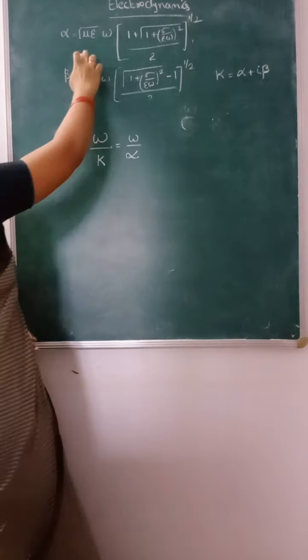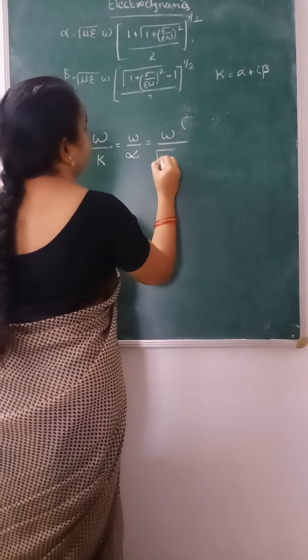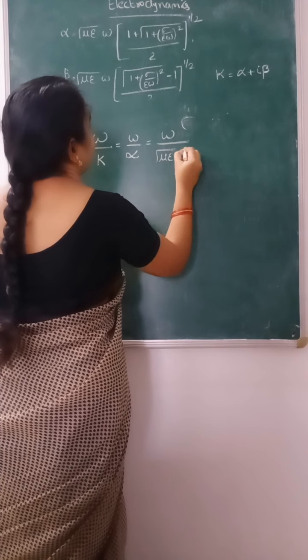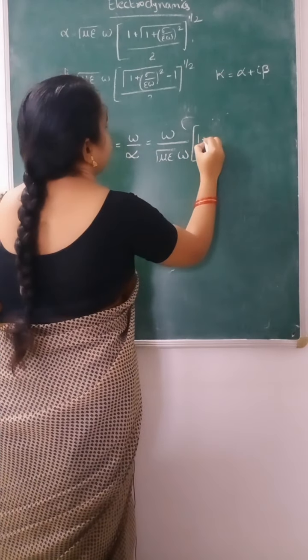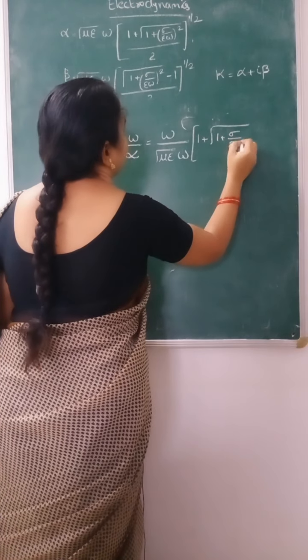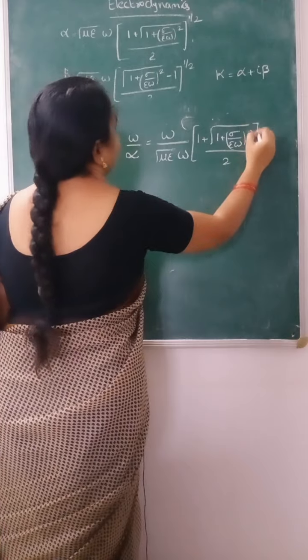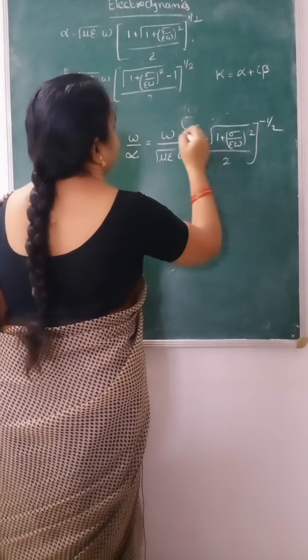Then what is the value of alpha? Omega by root of mu epsilon omega, 1 plus root of 1 plus sigma by epsilon omega whole square, divided by 2, whole power minus 1 by 2.